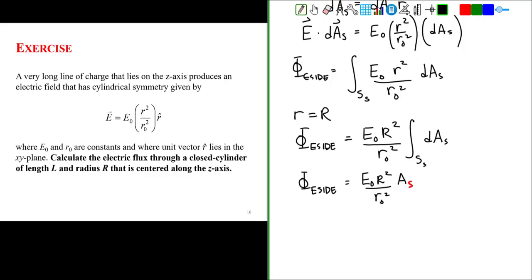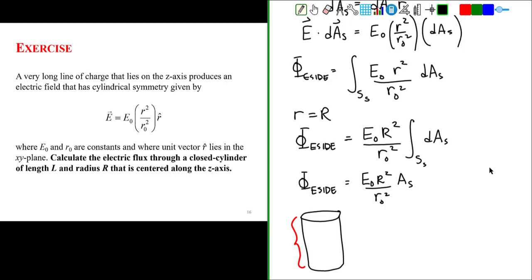Well, now we have to determine the area of the side of a cylinder. We could do that really easily. Let's look at our cylinder again, just a quick sketch. That looks pretty bad. Let's try that again.